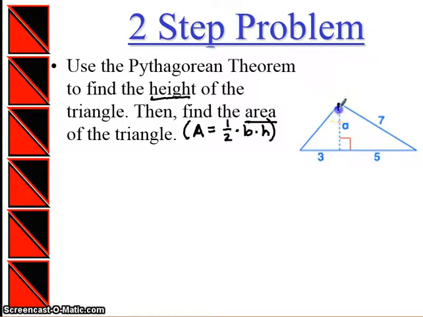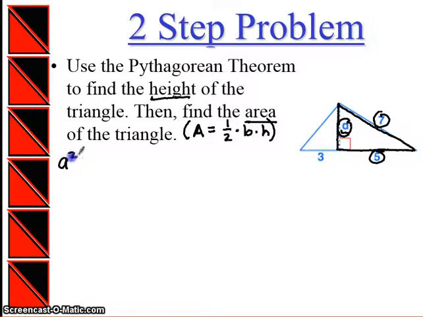Well, if you zone in just on this half of the triangle, do you see how you see a right triangle and you have 2 of the dimensions and you can figure out the other one? So let's use a squared plus b squared equals c squared to figure out this height, which happens to be the a, the shortest side of the triangle.